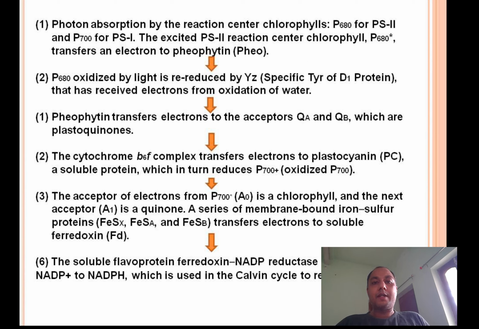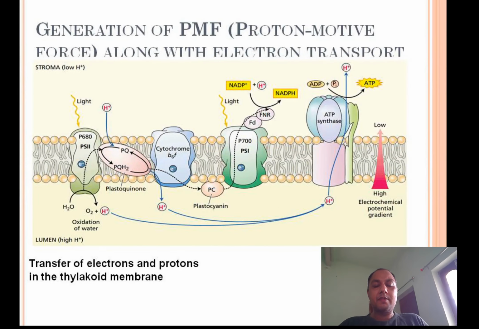Now pheophytin gives the electron to plastoquinones, then cytochrome b6f, and finally the electron comes through plastocyanin to the oxidized P700. Similarly, the electron excited from P700 to A0 is finally given to ferredoxin, to be utilized for the synthesis of NADPH. So that was the overview that we have considered. Now in a different kind of diagram, we will see the story differently.